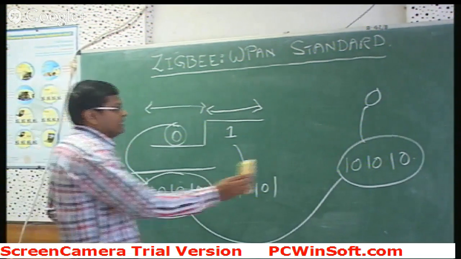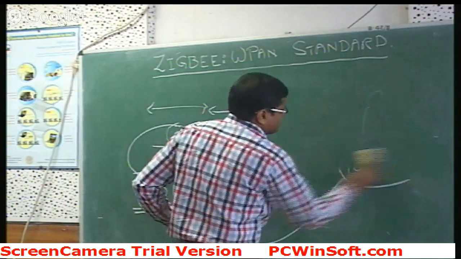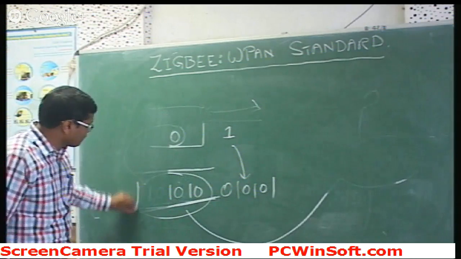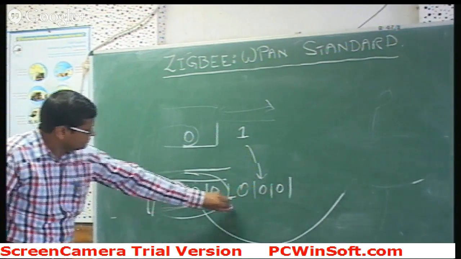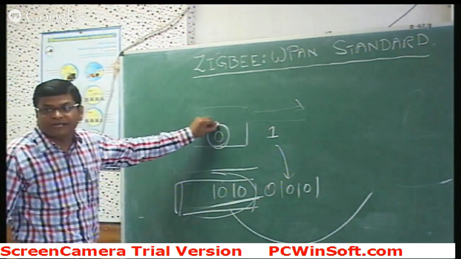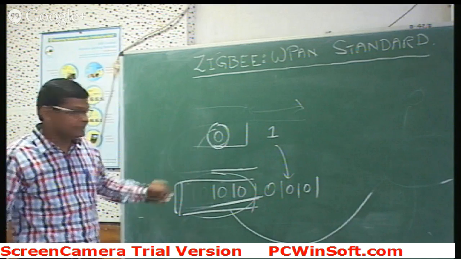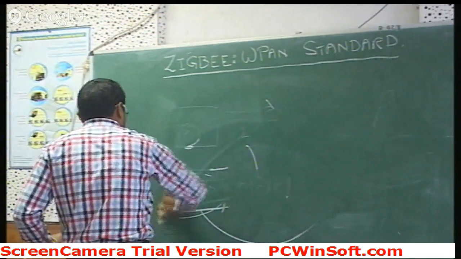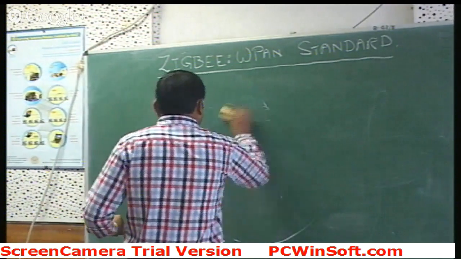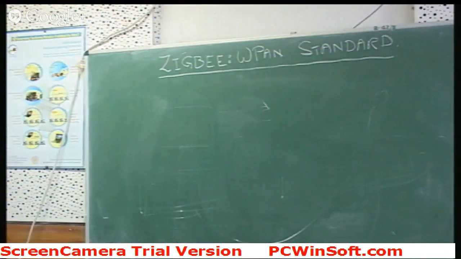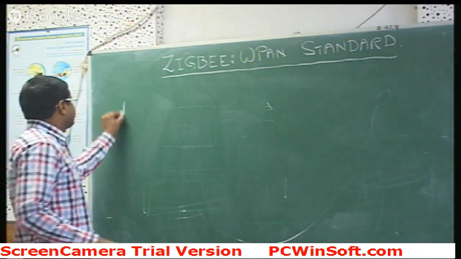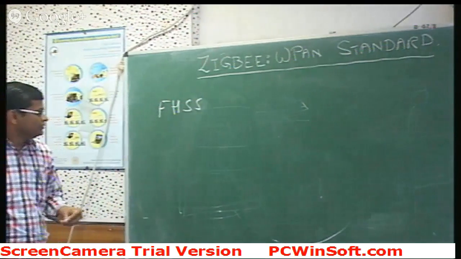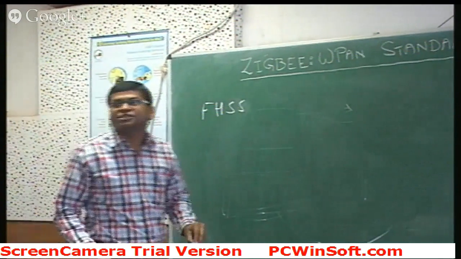Now, what is FHSS? This is DSSS, where I uniformly spread a narrowband signal into a broadband. In FHSS, I have a frequency spectrum.